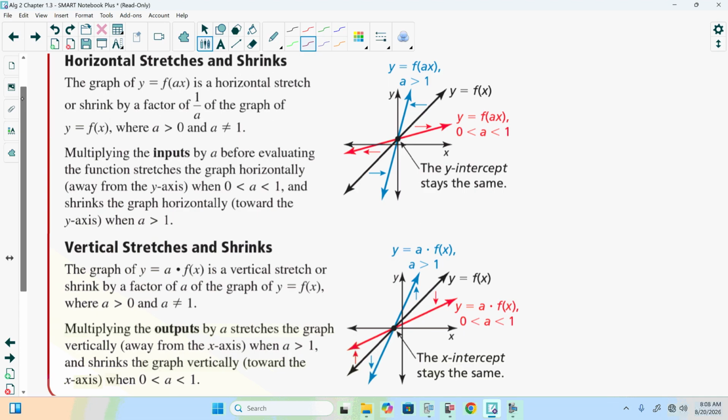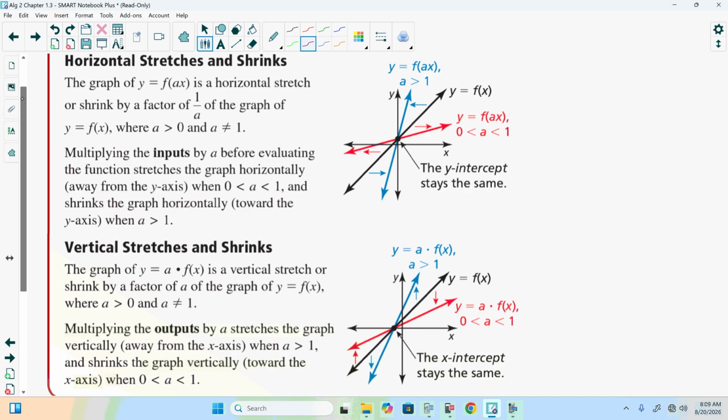Horizontal, vertical. Now, vertical stretch slash shrink is given to us in the form of a times f of x. That's it. It does not matter if it's a stretch. It does not matter if it's a shrink.